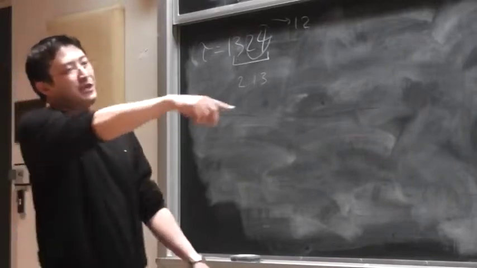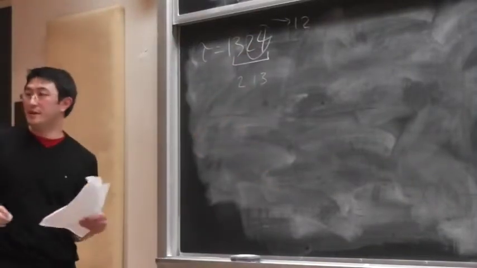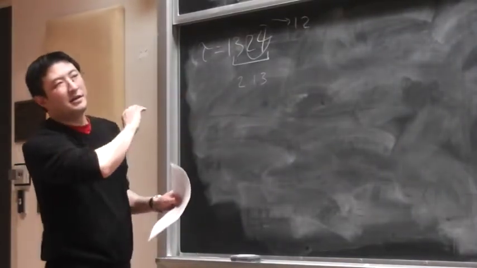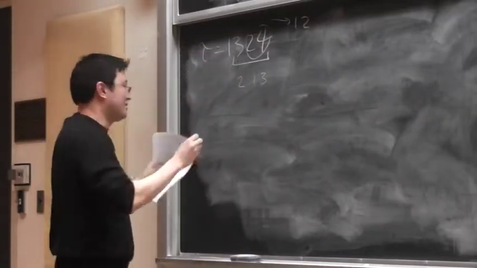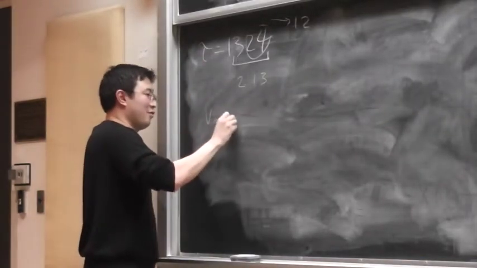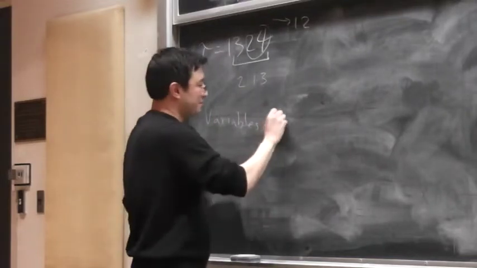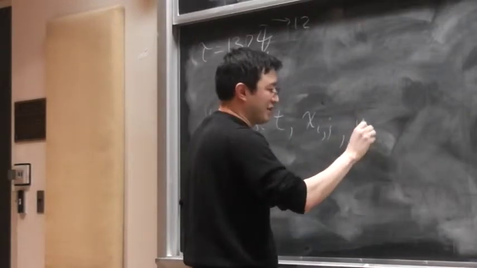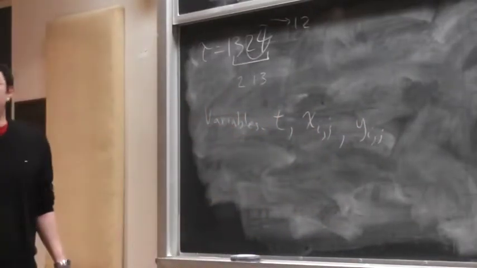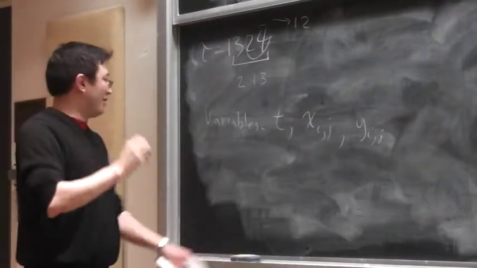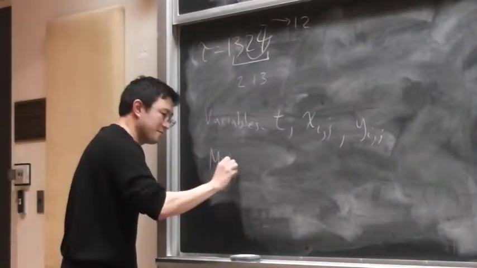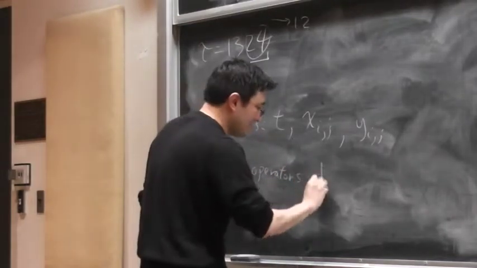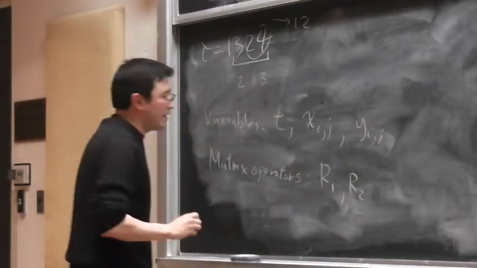So this machinery is necessary in this context. And just like in the prior extensions to longer patterns, we now need more variables, xij's as well as yij's. We need an additional matrix operator, R1 and R2.